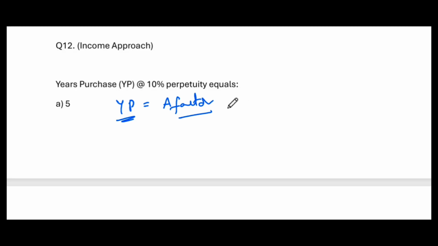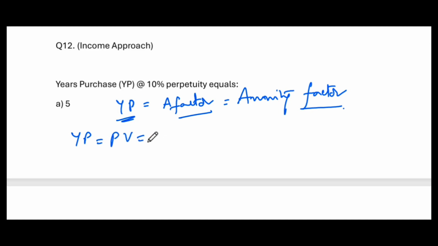I will tell you, it is an annuity factor. There are many common words like this. Sometimes it is called present value, sometimes it is called years purchase or annuity factor.